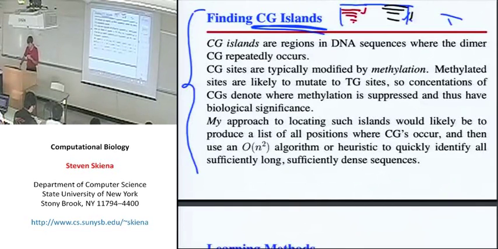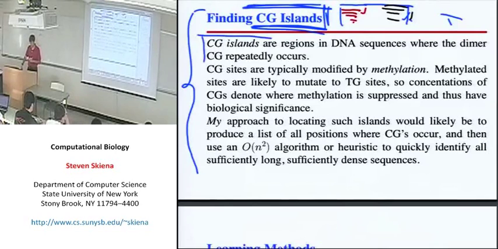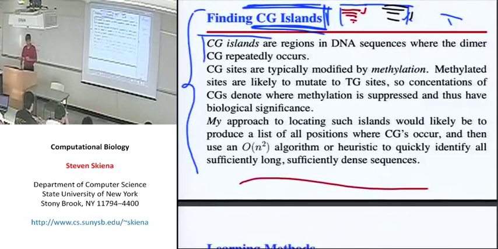And in the application that we're going to talk about, instead of separating exons from non-exons, we're going to talk about something called CG islands. What is a CG island? It turns out that if you look at genomic sequences, there is often the case where there are a lot more CGs than you would expect.